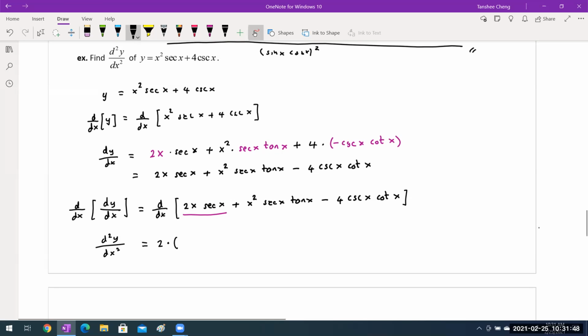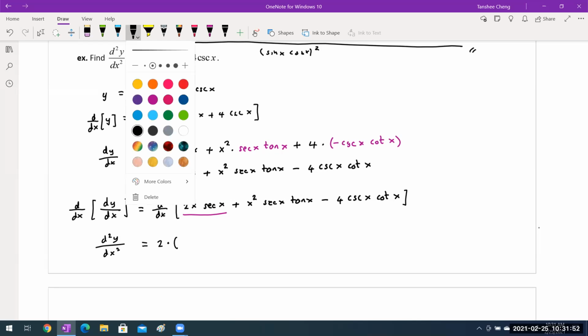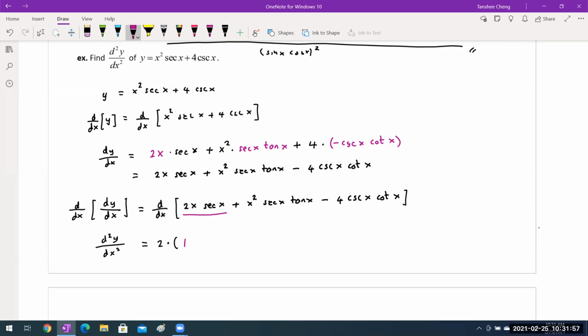So when I take the derivative of this, this will become 1, the derivative of x is 1, and then times secant x plus, right, plus x times derivative of secant x, which is secant x tangent x, and that is basically the derivative of the first term.